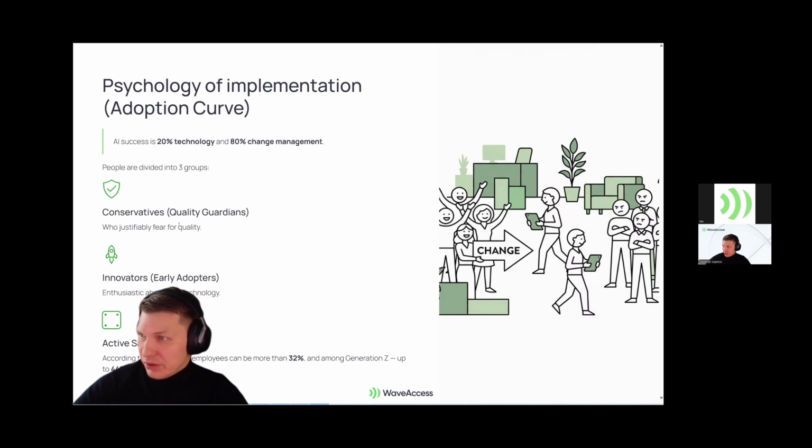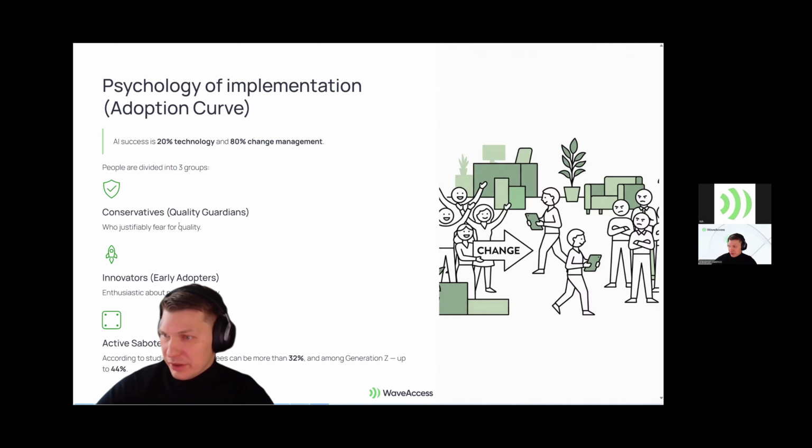But mostly you can just try to move those people to the part of the systems or the part of the process where AI is not in place, try to talk with them and put them in the conservatives group.